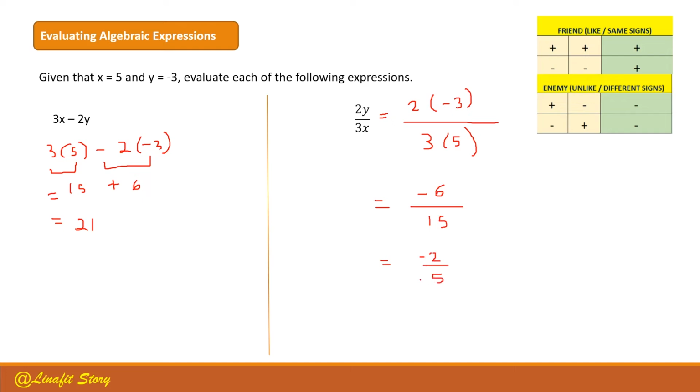So 2y out of 3x is equal to negative 2 out of 5. So remember that evaluating an algebraic expression is the process of finding the value of the expression when its variables are given certain values.